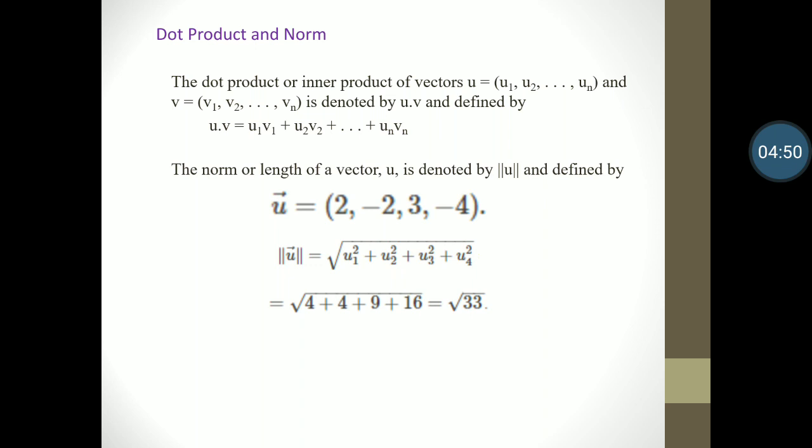So that will be our dot product of two different vectors. Next thing is the norm of a vector.